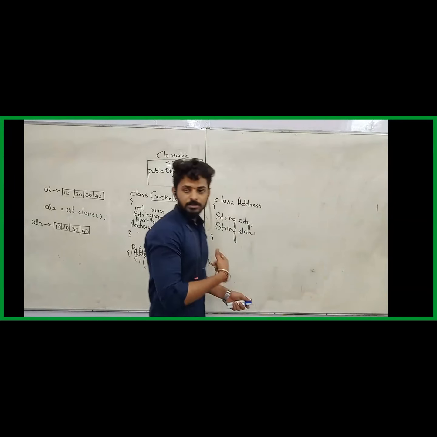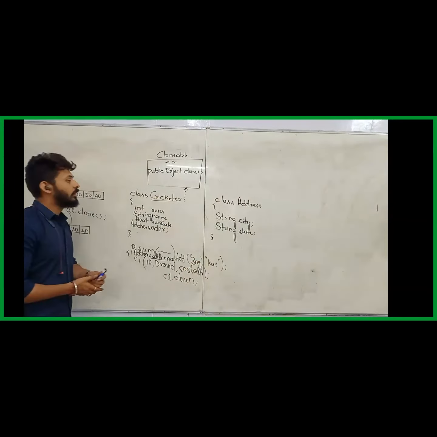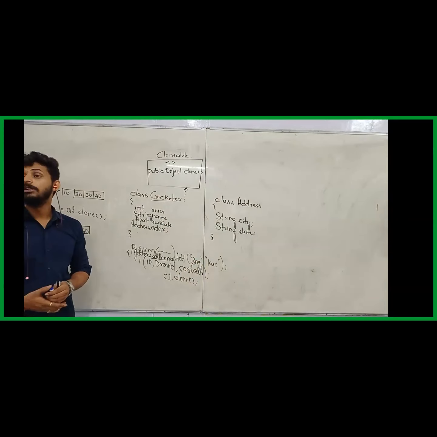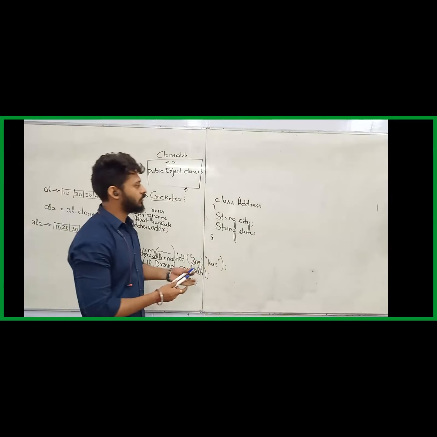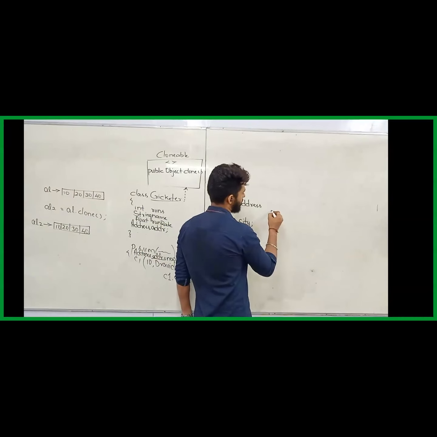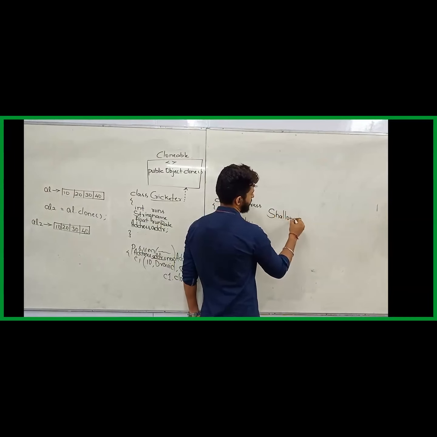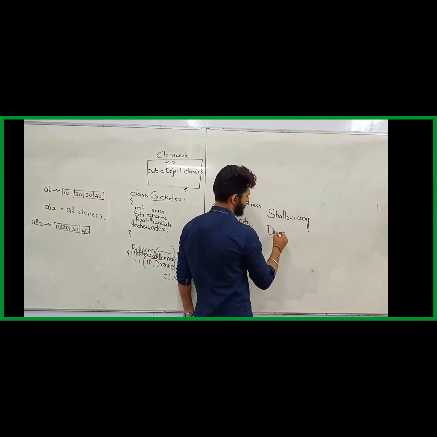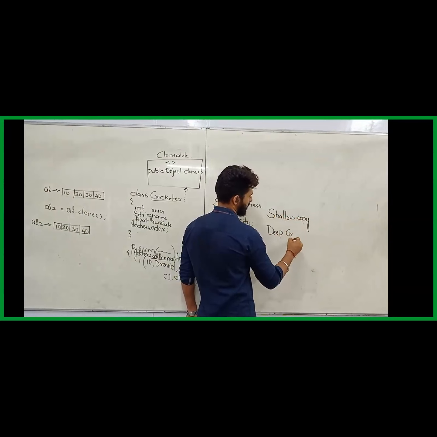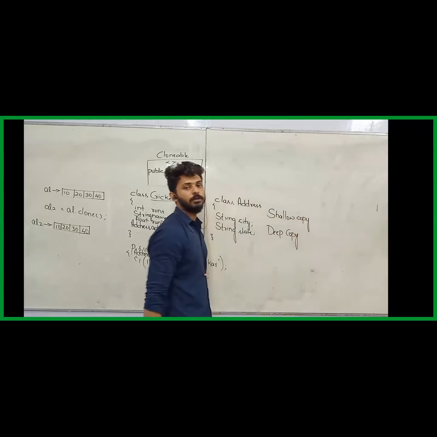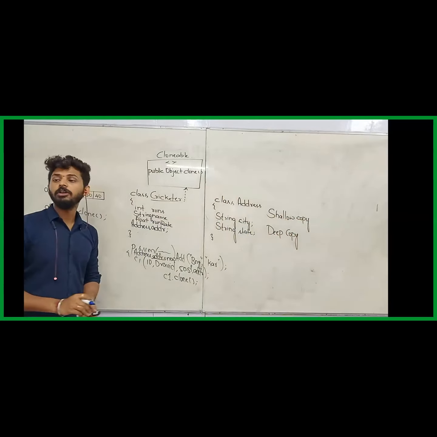Screen properly visible, both? Okay. Now, there are two types of creating a copy. Which are those? The first one is shallow copy, and the second one is deep copy.